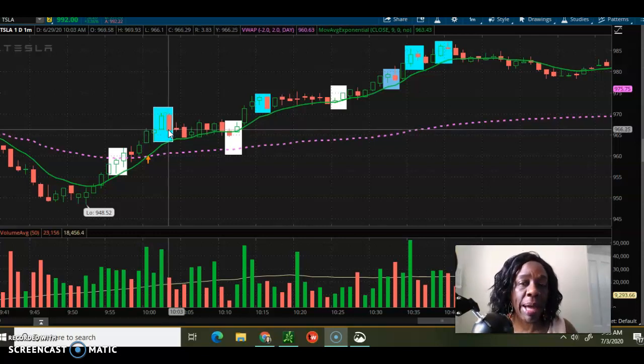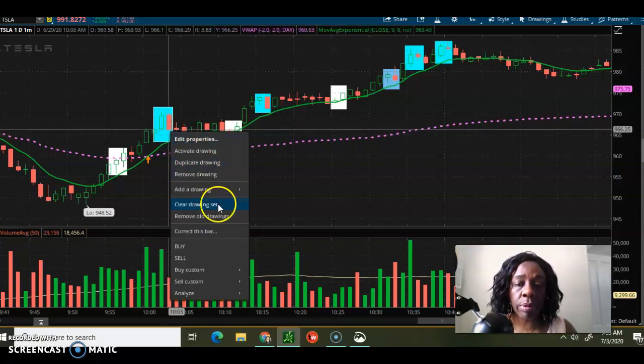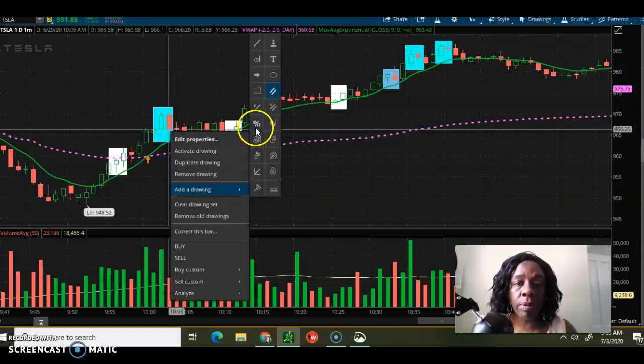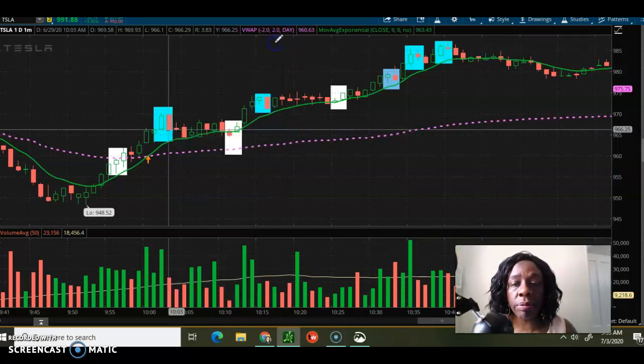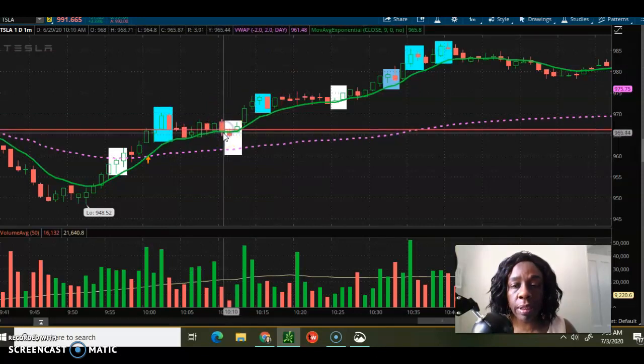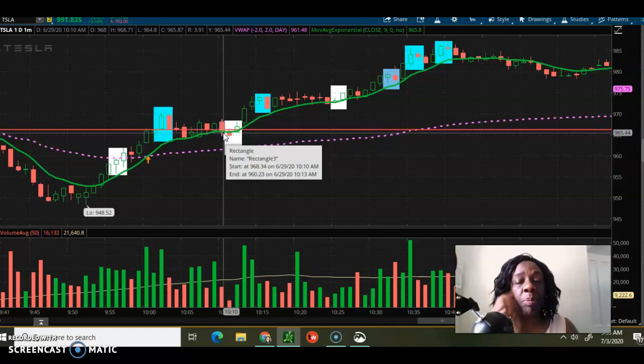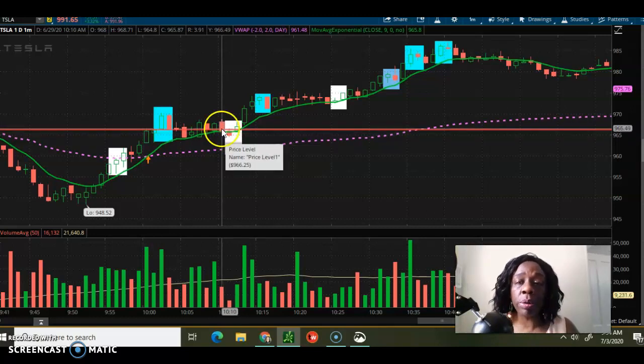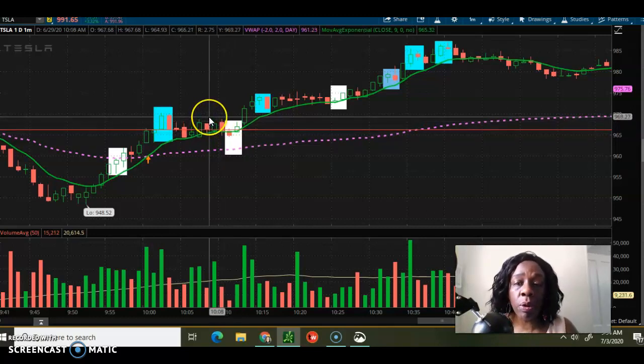At this point, I came out of the trade because you can see, I'm going to draw a level, down here, price action had dropped below the high of the previous candle.